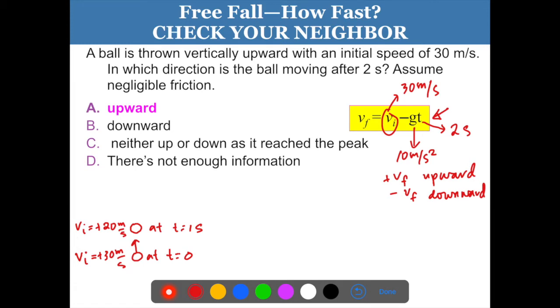If you consider velocity, that will be plus 20 meters per second to indicate the direction, because your object is still going upwards. After 2 seconds, acceleration is still 10 meters per second squared. That means that the velocity is changing by 10 meters per second every second.